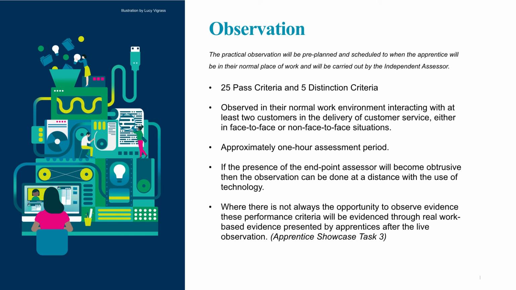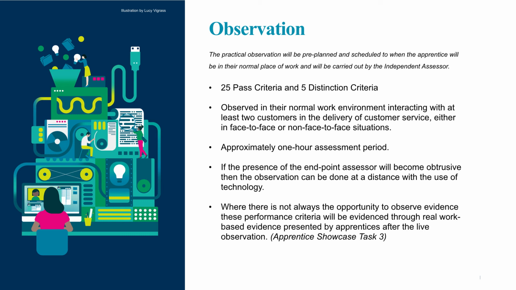What's become apparent, and what we know, is that in observations, what if the apprentice doesn't get the opportunity, at no fault of their own, to demonstrate some of the criteria that they have to meet within the observation? What will happen there is there'll be the opportunity at the end of the observation for the apprentice to provide real work-based evidence to their endpoint assessor.